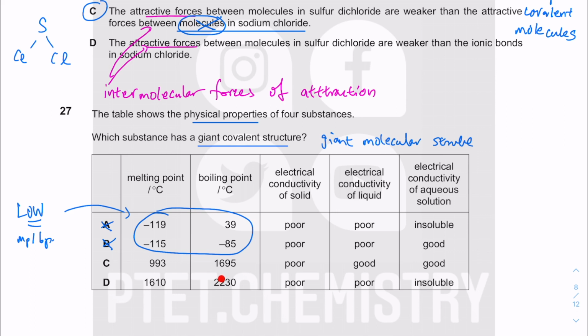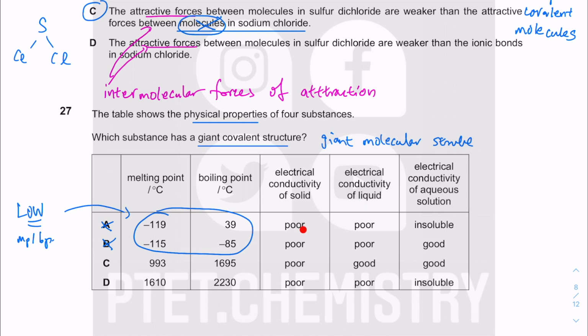So the next thing we look for is electrical conductivity. Giant covalent structure, giant molecular structure, or even simple molecular structures, typically do not dissolve in aqueous solution. When you think about solid and liquid, they do not conduct, unless you are graphite.